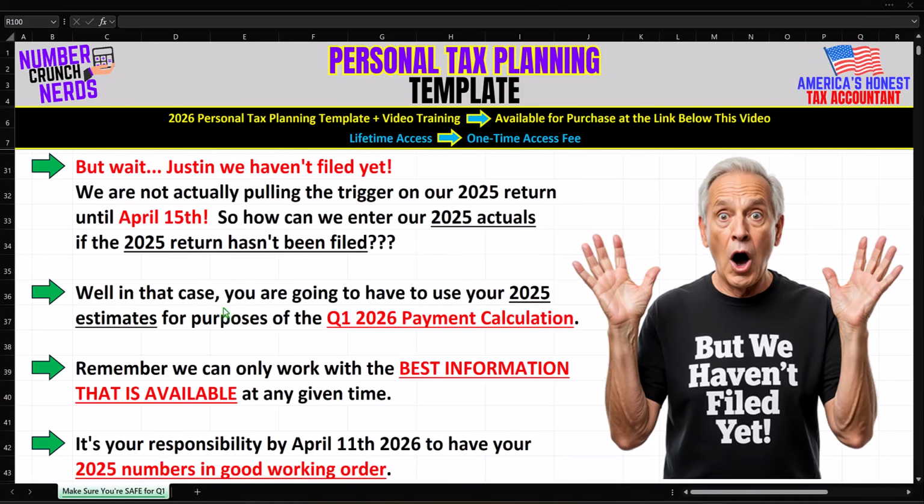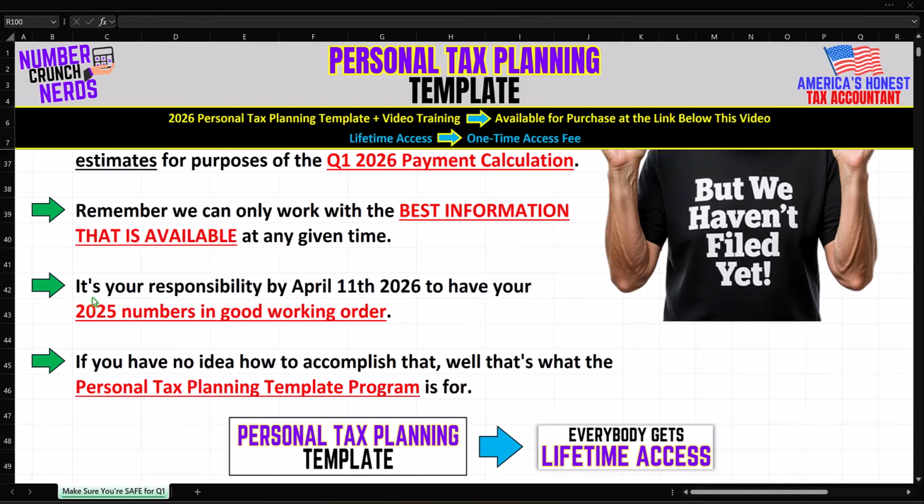Well, in that case, you are going to have to use your 2025 estimates for purposes of the Q1 2026 payment calculation. Remember, folks, we can only work with the best information that is available at any given time. It's your responsibility, certainly by April the 11th, 2026, to have your 2025 numbers in good working order.